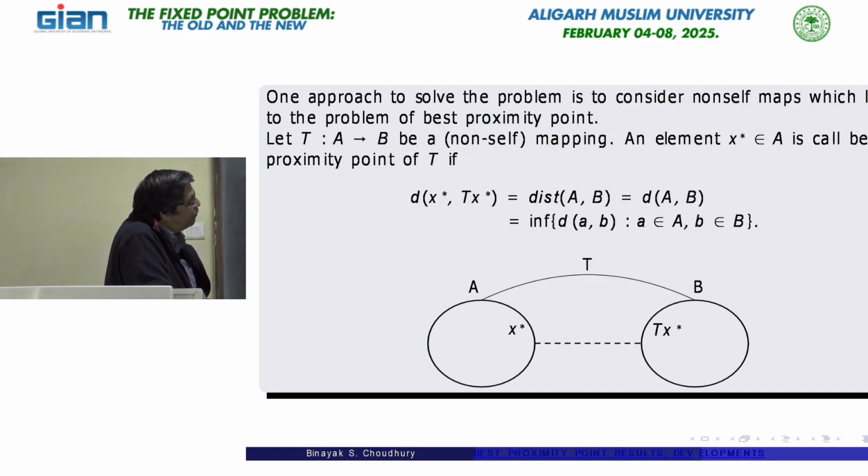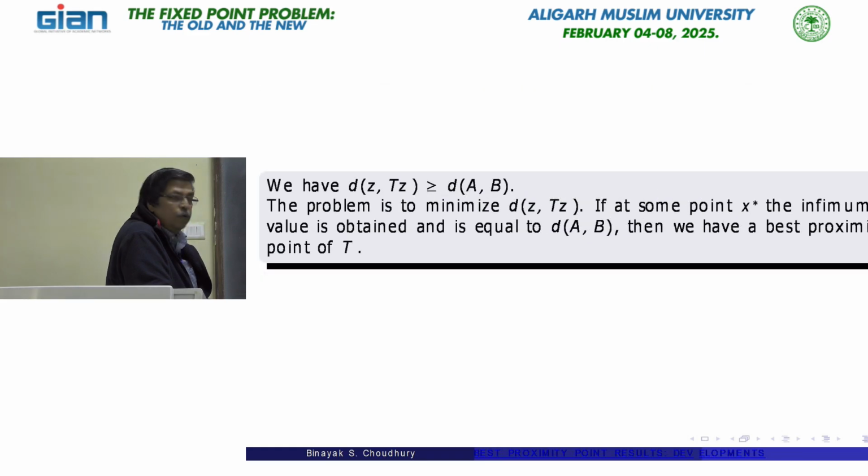And so, the problem is to minimize d(z, Tz). But in minimization, there is no guarantee that it will be minimized to yield such a point x* such that this is going to happen.